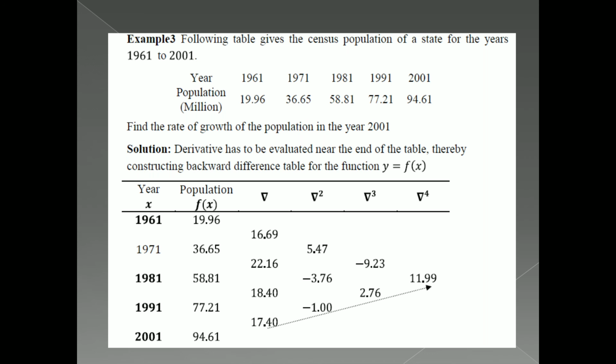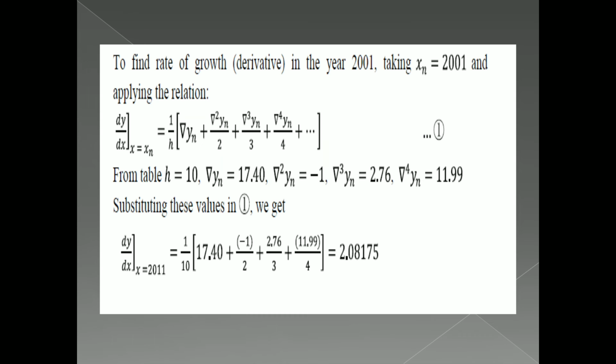Substitute all the required values for taking derivatives by using Newton's backward interpolation formula from this constructed table. We get the first order and second order derivative of y.